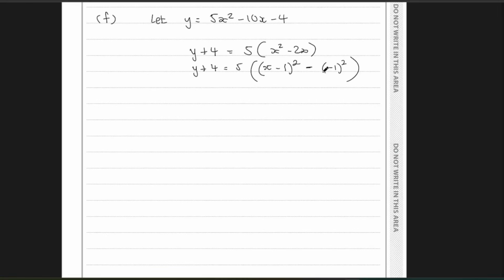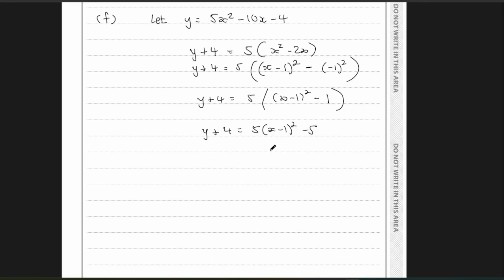We just need to simplify this. So y plus 4 is equal to 5 times x minus 1 the whole squared minus 1. And then we can multiply 5 into the bracket. Y plus 4 is equal to 5 times bracket x minus 1 the whole squared. And then we'll have to multiply 5 with minus 1, becomes minus 5.